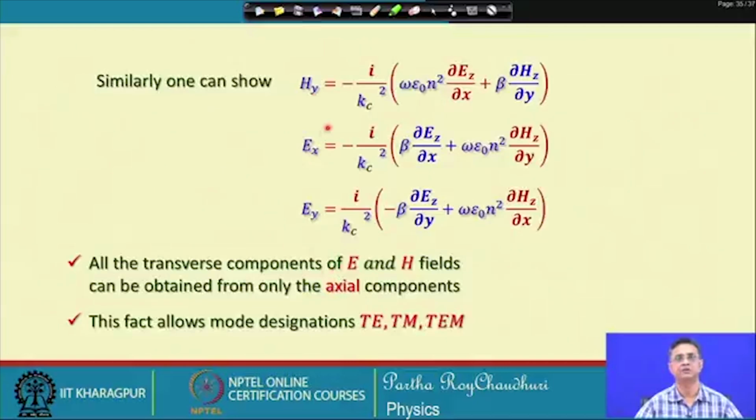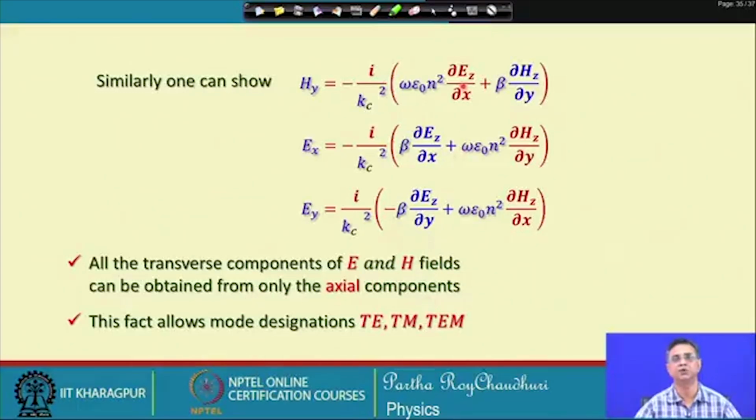H y is represented as a function of E z and H z, E x similarly, and E y in the same way. So, this is a beautiful outcome: we have been able to express the transverse field components in terms of the longitudinal field components. That means all the transverse components of the electric and magnetic fields can be obtained from only the axial components.